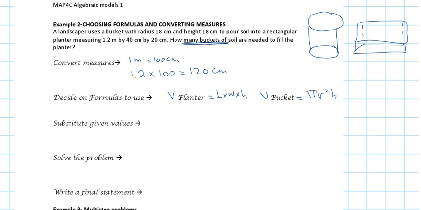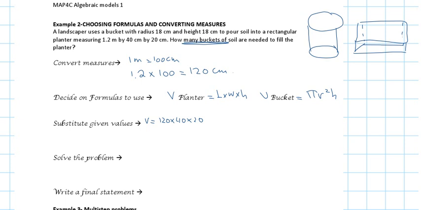Do I know all the information? Do I know my radius and my height for the bucket? Yes. And do I know my length, width, and height? Yes. Okay, so let's plug in the information. Volume equals length times width times height, so that's 120 times 40 times 20. That gives me 96,000.